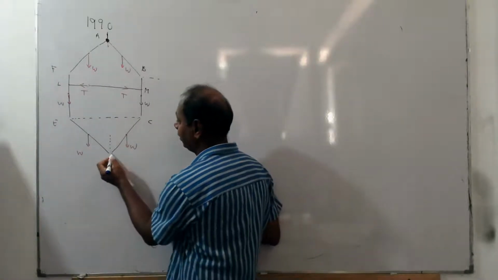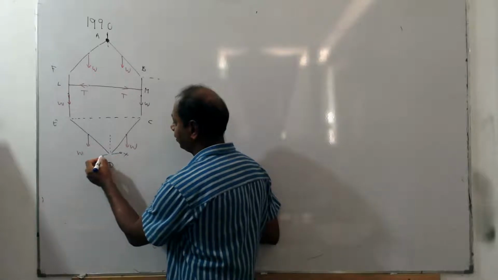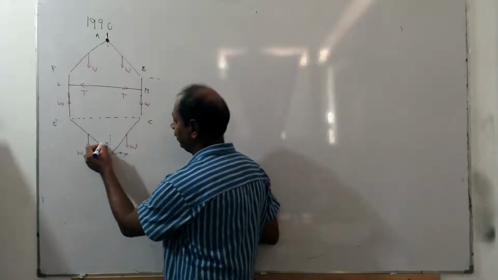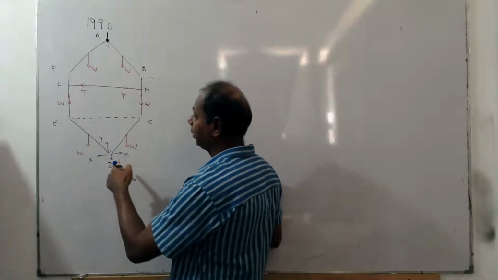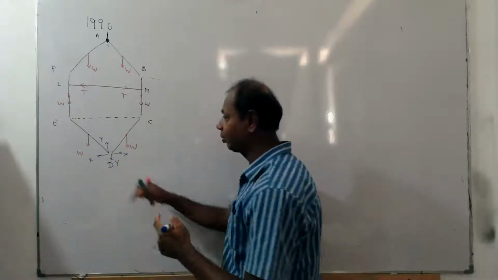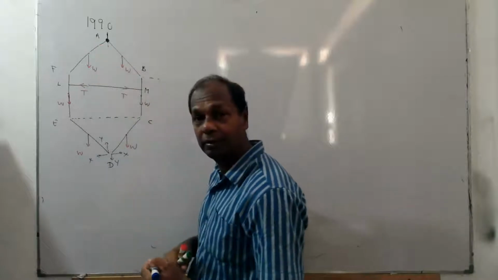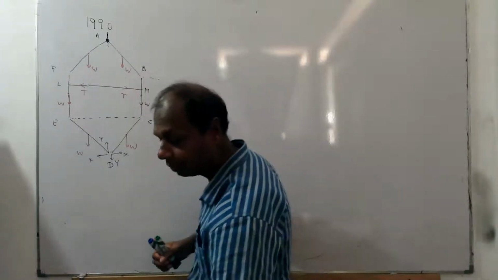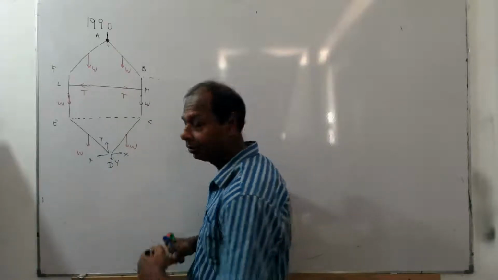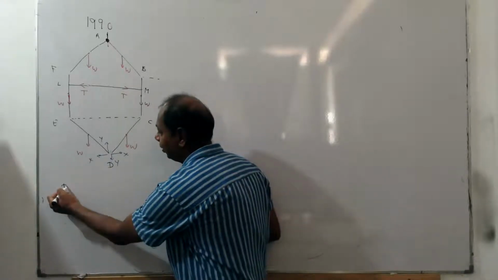Reactions, I'll mark say x, y, y here. But the system is symmetric about the vertical line that passes through the joint D. So at once you can say this y is 0 due to symmetry.